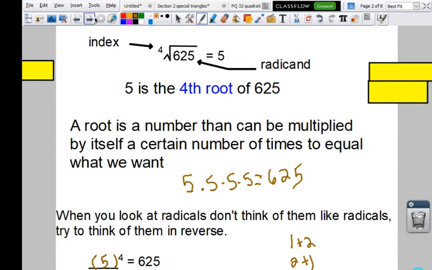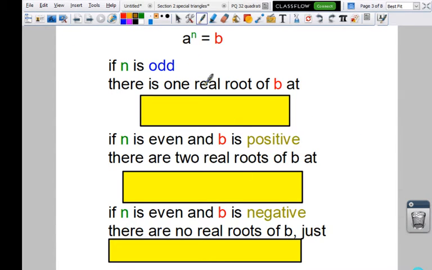So we're going to be working with some radicals by looking at the opposite version. If I had a problem like x squared equals 4, how would I solve this? You square root it.